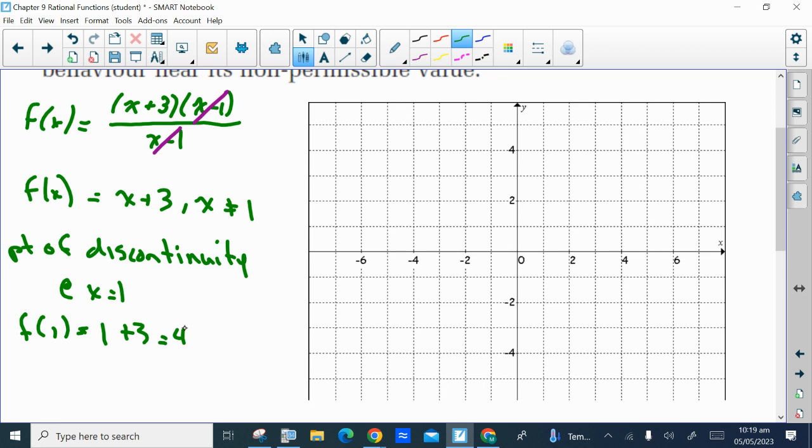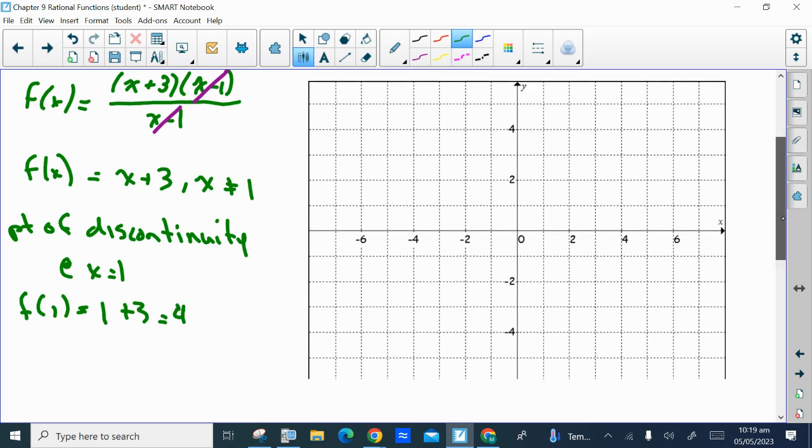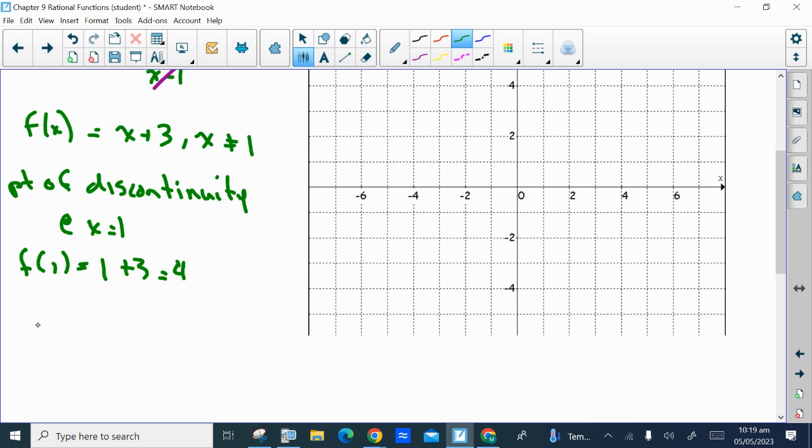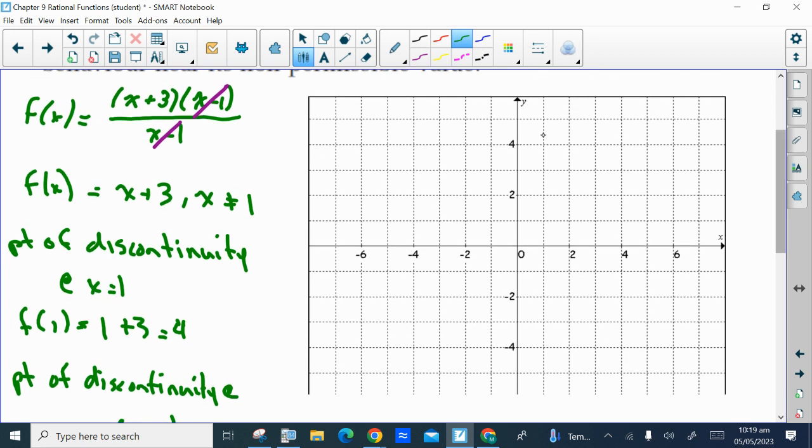So that will be when y is 4. That will be our point of discontinuity. It'll be the point (1, 4). Again, that will represent a hole in the graph, the point (1, 4).